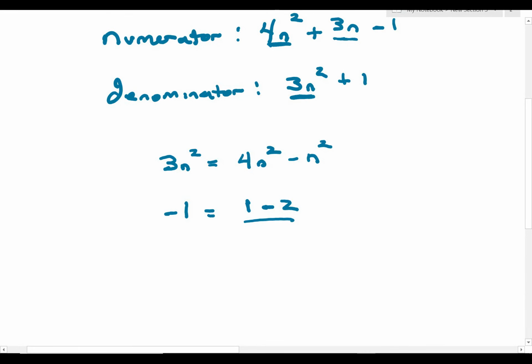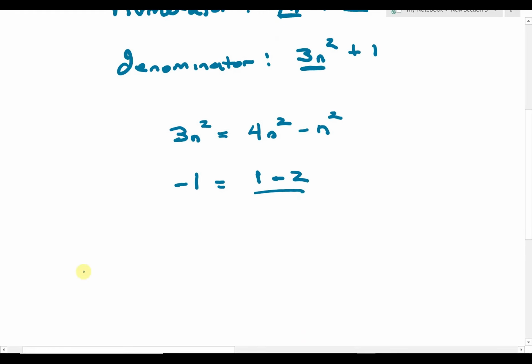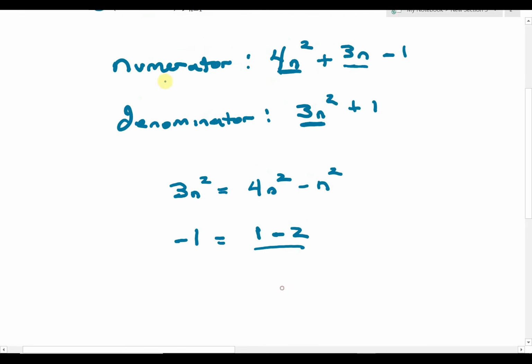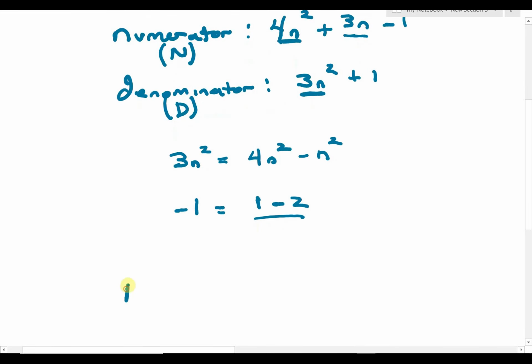So what we can do is represent the numerator as a function of the denominator. Let the numerator be capital N and the denominator be D. Now the numerator equals the denominator, 3n squared plus 1, and to get the 4n squared, we just have to add n squared.